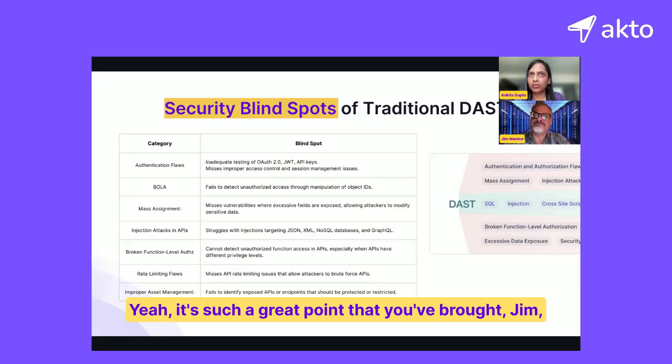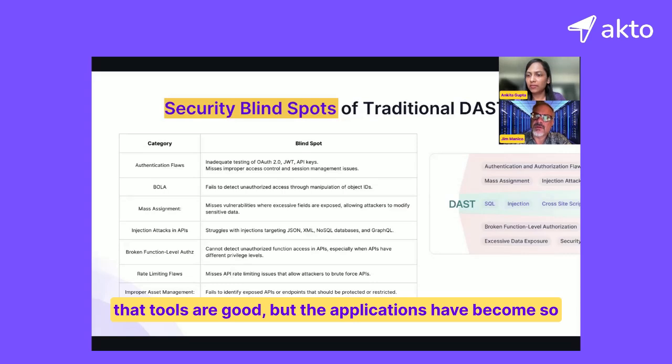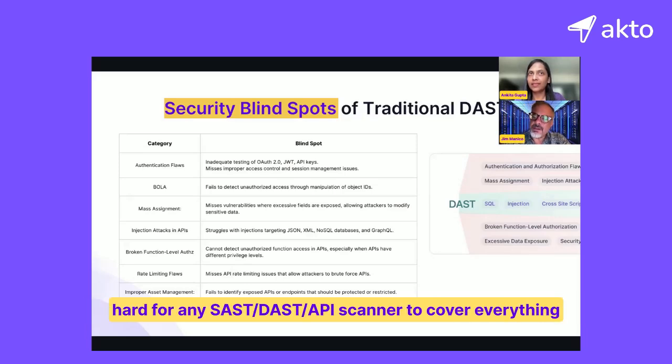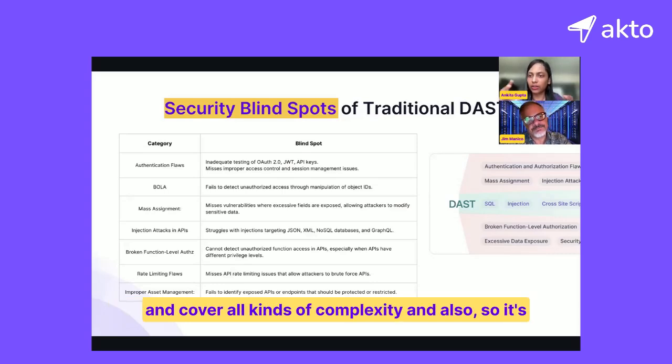Yeah, it's such a great point that you've brought, Jim, that tools are good, but the applications have become so complex. The architecture has become so complex that it's very hard for any SAST, DAST, API scanner to cover everything and all kinds of complexity.